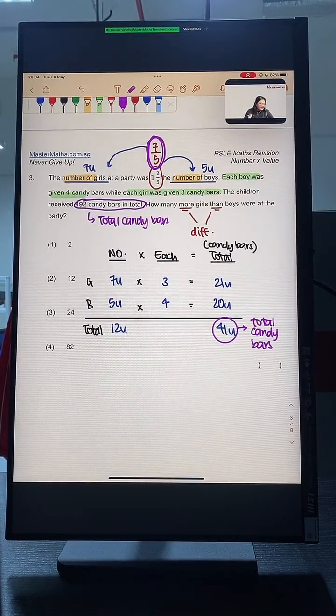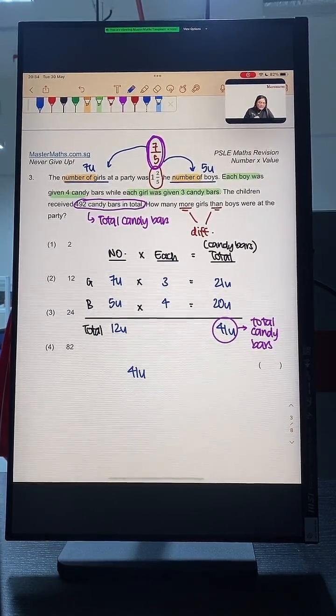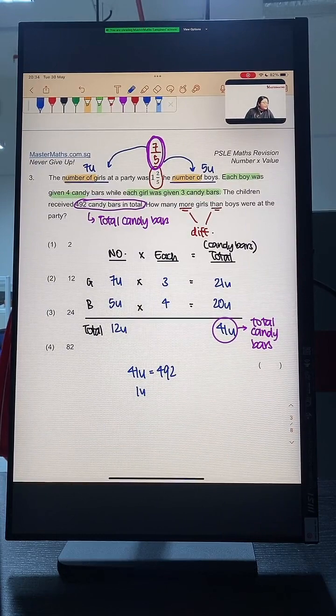Therefore, 41 units total candy bars will be 492. How many of you managed to find 1 unit already? What is 1 unit?